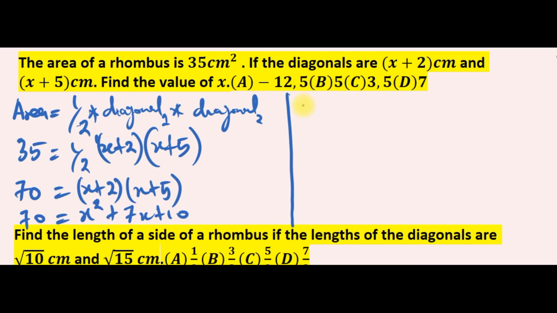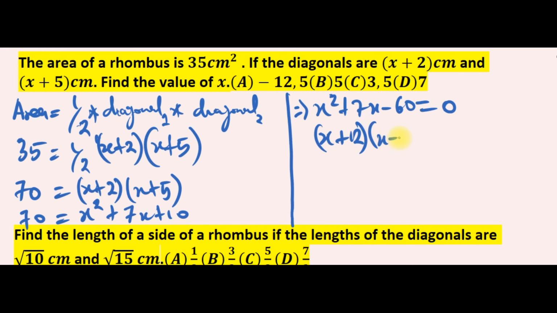So finally we have x squared plus 7x minus 60 equal to 0, that's 10 minus 70. So this is a quadratic equation. So let's factor this. This is x plus 12 and x minus 5. So if you open this, you get back this.